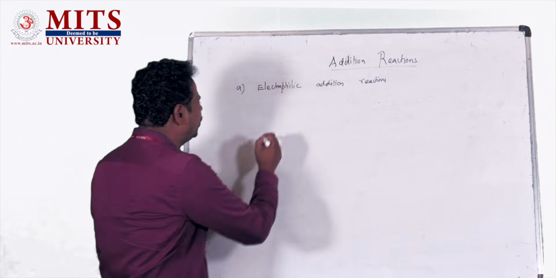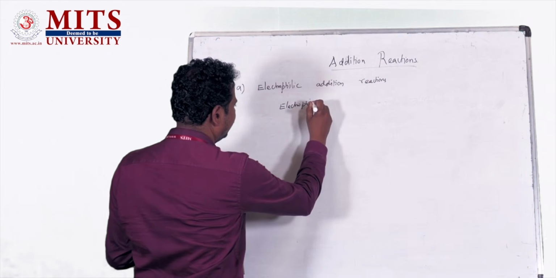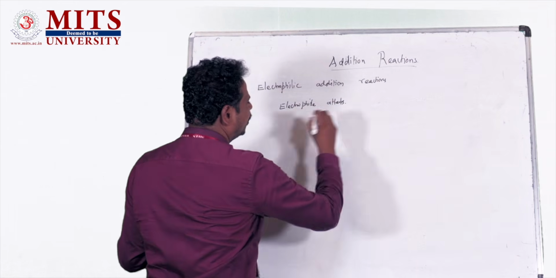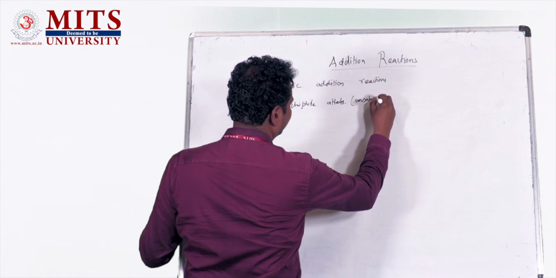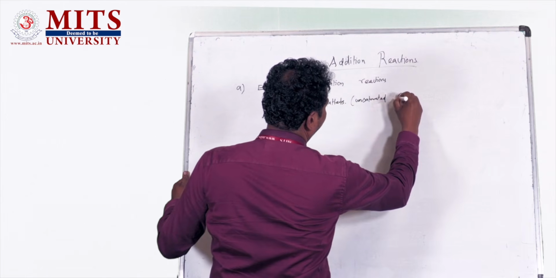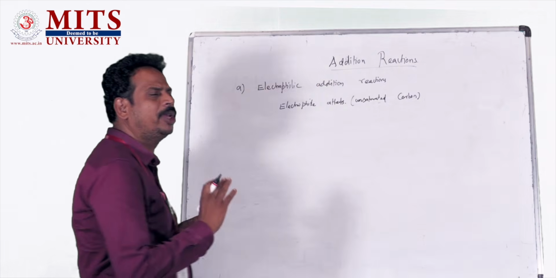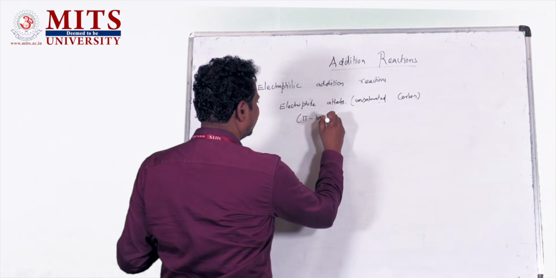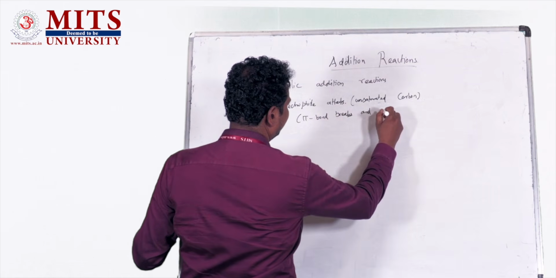So the attacking species is an electrophile, which attacks the unsaturated carbon. The pi bond breaks and a sigma bond is formed.